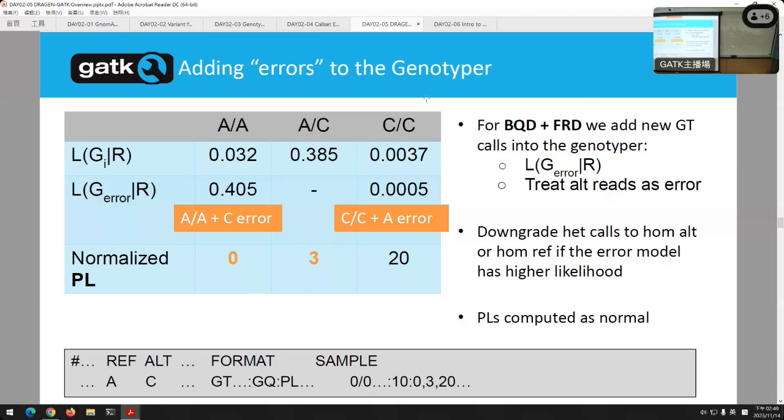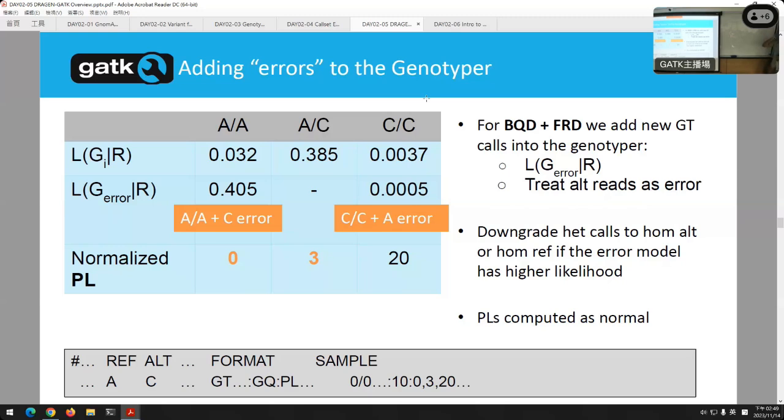As opposed to just evaluating the particular genotypes there, it actually tosses in a couple more states to compare against. It's still going to try to pick the one with the highest likelihood, right? But now it explicitly says, let me actually evaluate it against error. So if you look at the top line there, looking at the number at the top, maybe it thinks that's a het call. Maybe it thinks it's AC. That one has the highest likelihood.